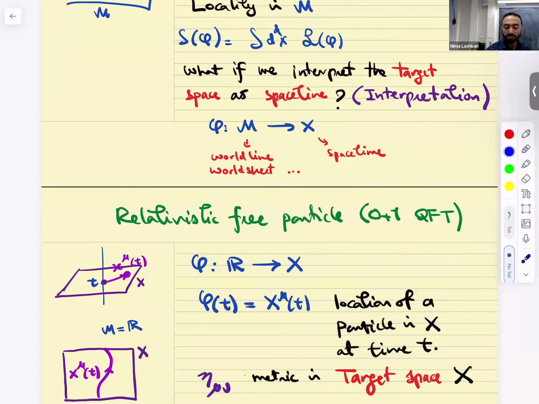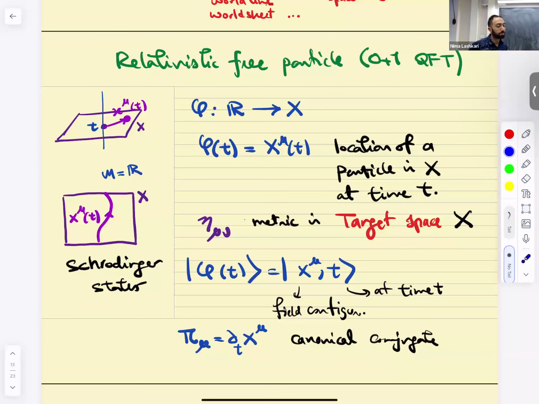So phi of t is just X mu of t, where the particle is at time t. So this is my field. This becomes particle quantum mechanics. I'm going to view X as space-time, and now the value of the field becomes just a curve in space-time.